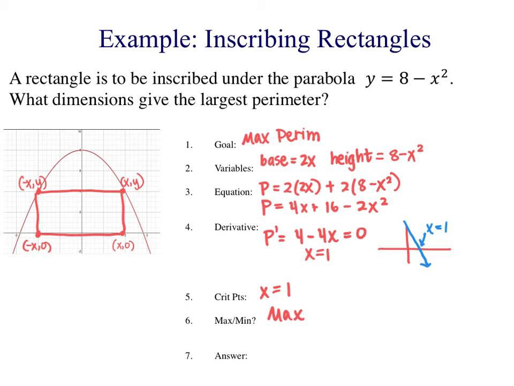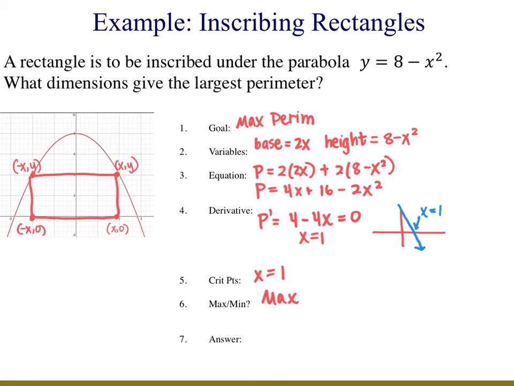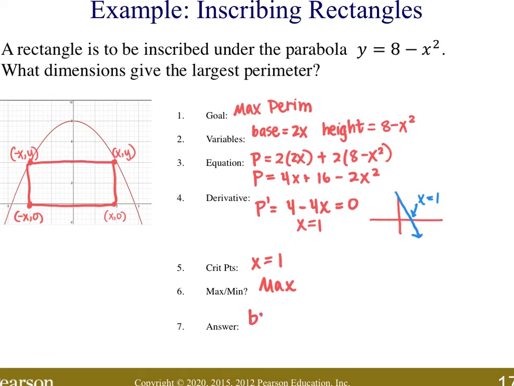So now the question is, what are the dimensions? I want to go back and figure out what the base should be and what the height should be if this is going to have the largest perimeter. So the base would be 2 times 1, and the height would be 8 minus 1 squared, so that would be 7. So this rectangle should be a 2 by 7 rectangle.